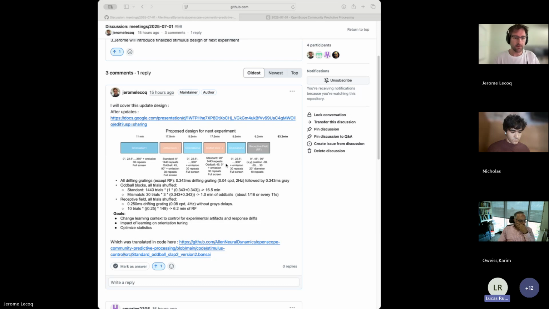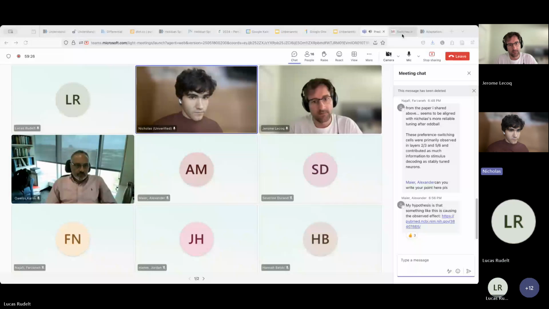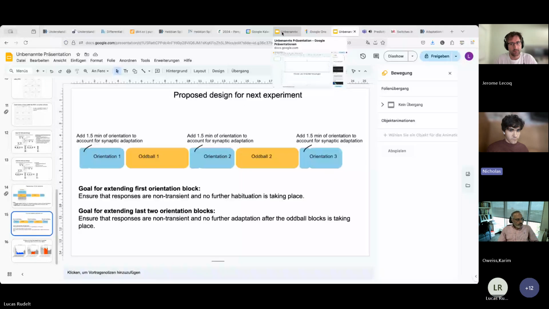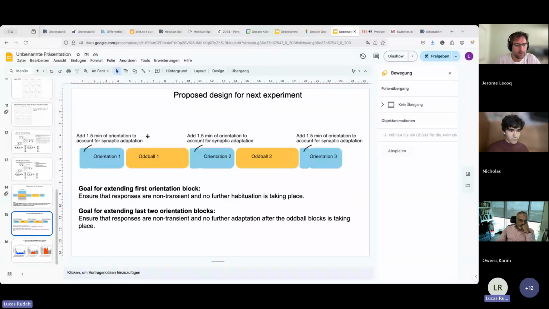Are you asking for a gray screen? No. Maybe you can quickly share my screen. Yes. I have one image that shows this. So what I mean is adding essentially... Can you see it?